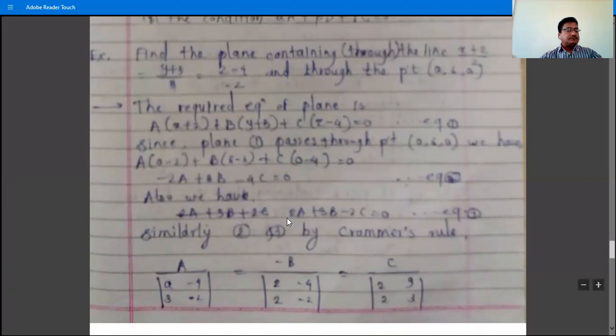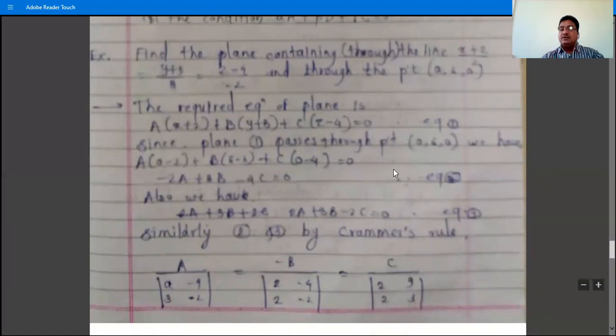2A plus 3B minus 2C is equal to 0, because 2, 3, and minus 2 are the direction ratios of the line, and A, B, C are the direction ratios of the normal to the plane.